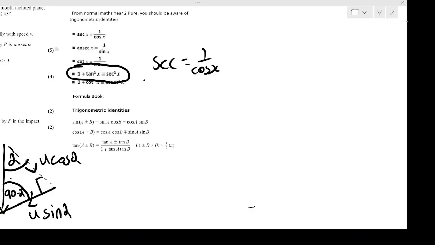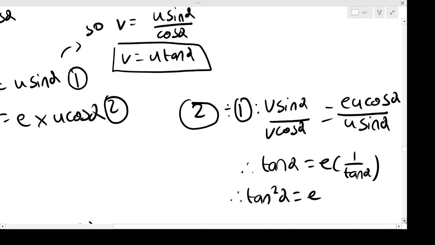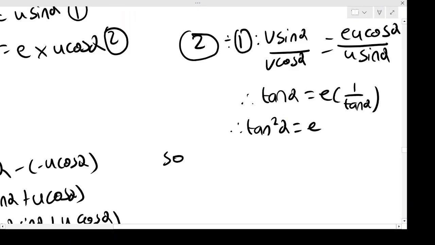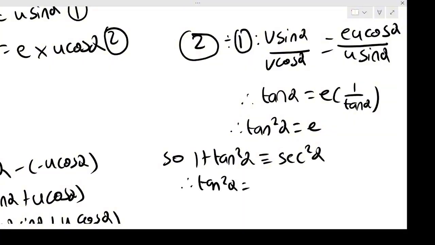So actually, we can use this identity to get cos. So if I rearrange this, remember that 1 plus tan squared is going to be sec squared. Therefore, tan squared is going to be sec squared take away 1.